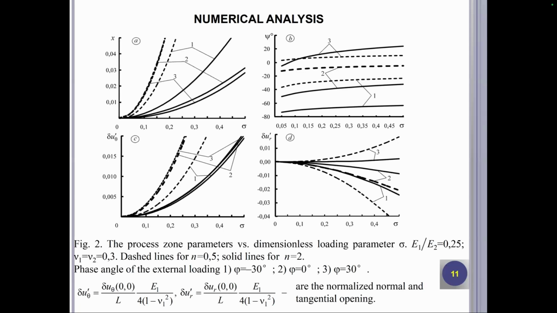These curves can be used to analyze the dependence of the parameters of the process zone on the stresses at infinity. Next slide, please.